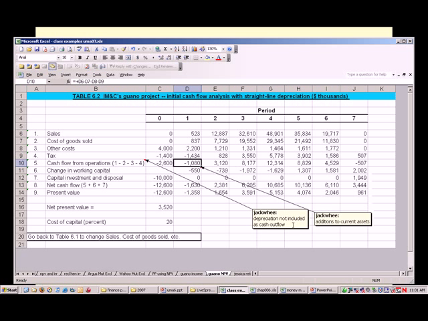So in the previous table, we needed to determine depreciation expense so that we could determine our net income for the year and thereby find what our taxes are. But when we come to estimating our cash flows from operations, we're going to want to exclude depreciation expense as a cash outflow component.